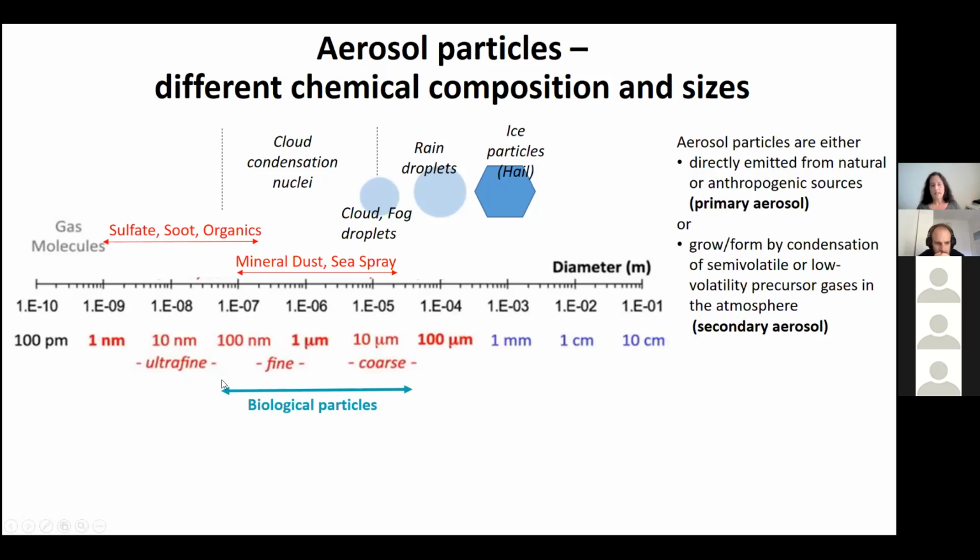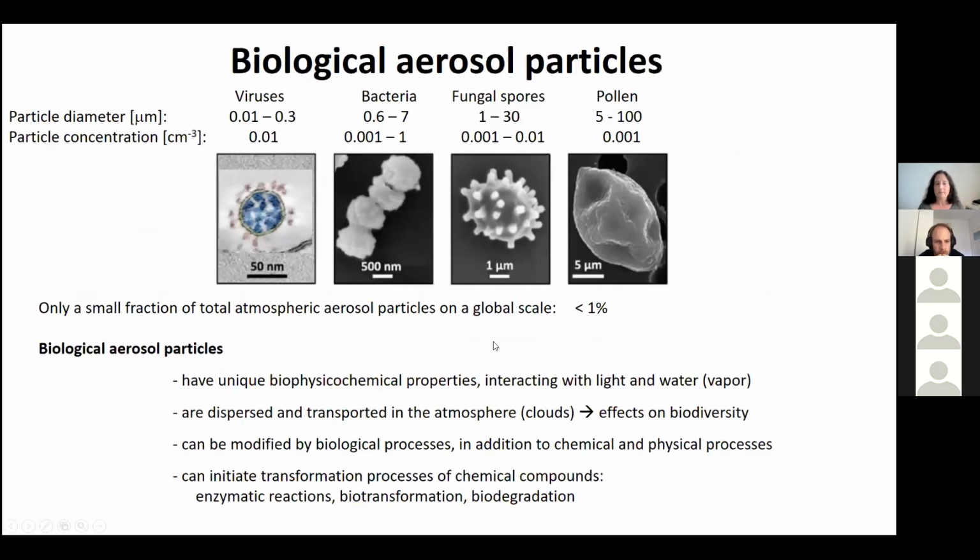And down here, I roughly indicated the scale for biological particles, which are a subsection of all the atmospheric particles. So what are biological particles? Well, when we wrote the project proposal, we had no idea how popular viruses would suddenly become. But of course, we all heard a lot about viruses last year and it's still going on. But also there are a lot of bacteria, fungal spores, and pollen in the atmosphere.